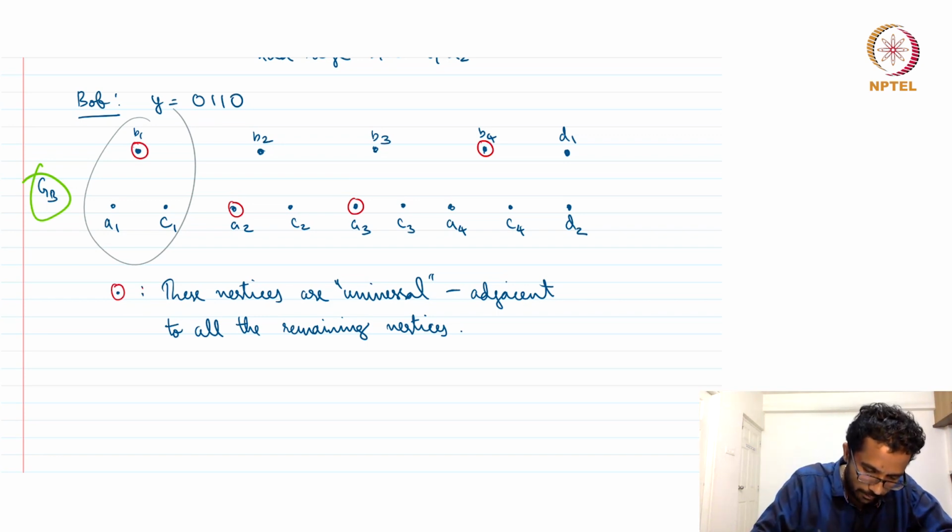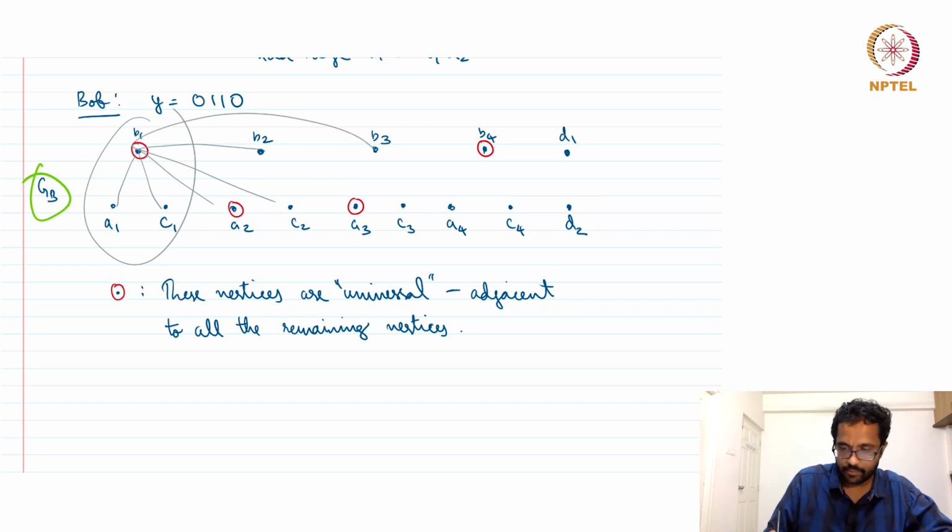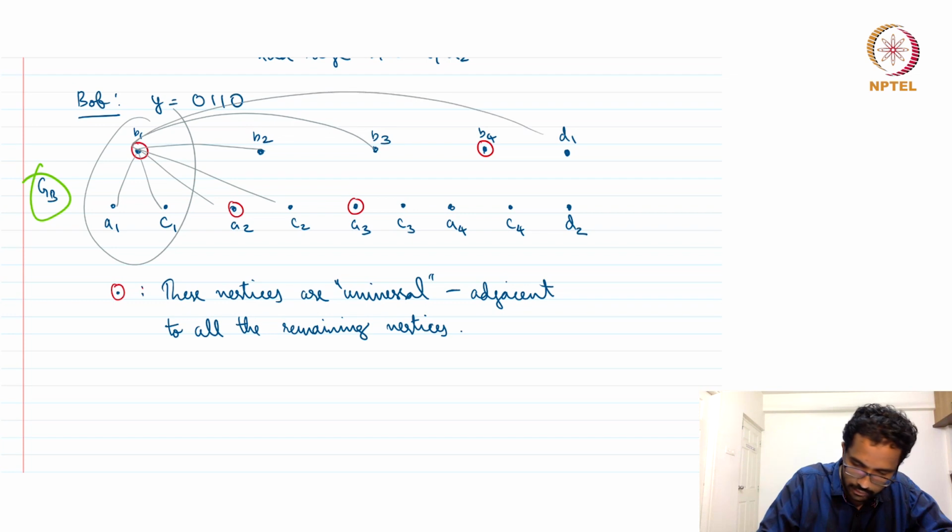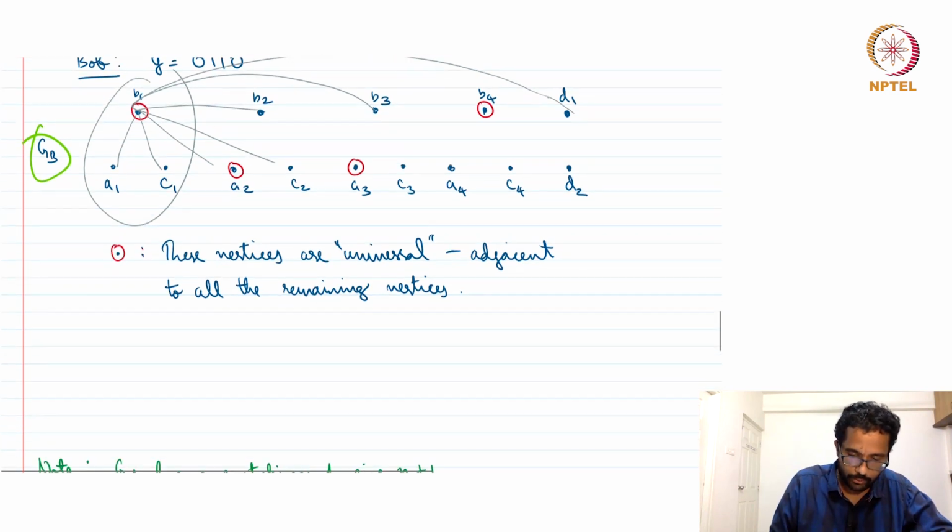We mark B1 as universal, so you have an edge from B1 to A1, C1, B2, A2, everything, to all the vertices. This notation where I have a red circle means these vertices are made universal, meaning you make them adjacent to all the remaining vertices of the graph, even including D1, D2, everything. And which vertices are made universal?